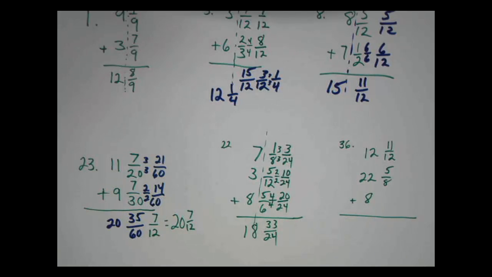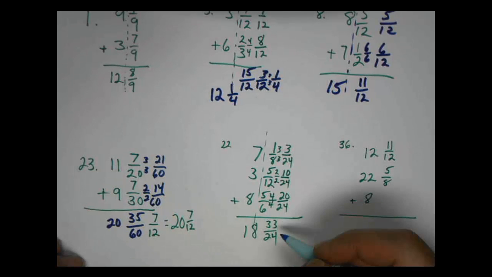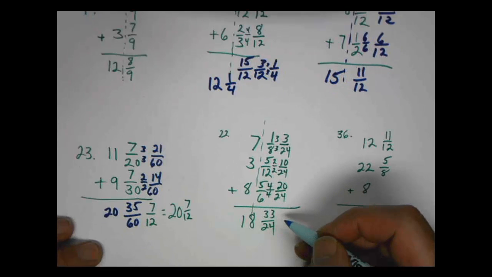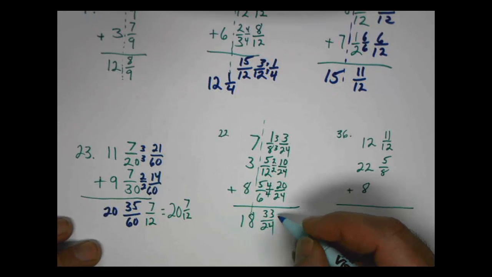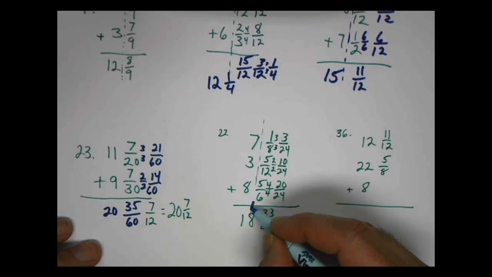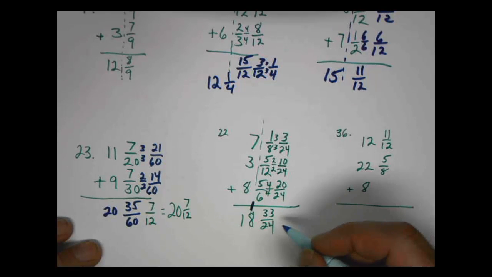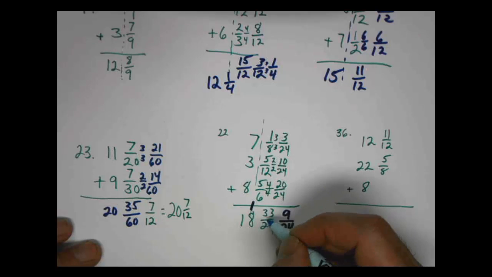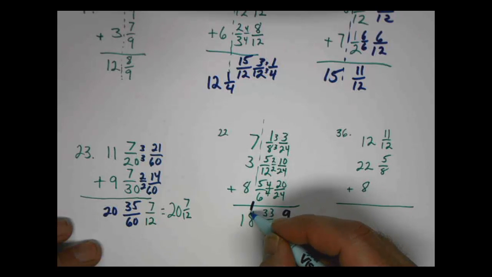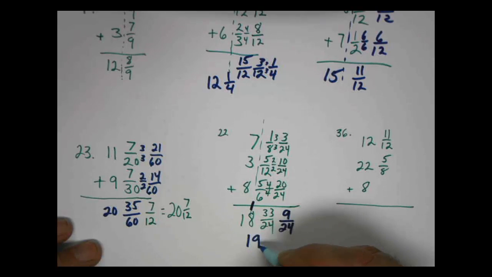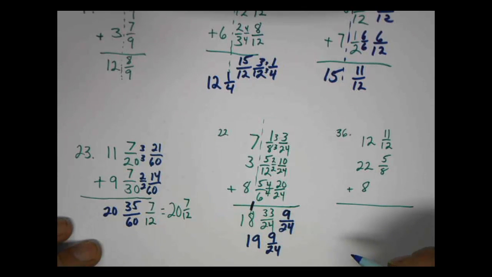We have 33 24ths, which means I need to regroup. So how many 24s in 33? 1, right? I got to carry that over. And I'm going to have how many leftovers? I'm going to have 9, aren't I? So 9 24ths. And I had to carry that one whole when I regrouped over to my whole numbers, which gives me a total of 19 and 9 24ths.